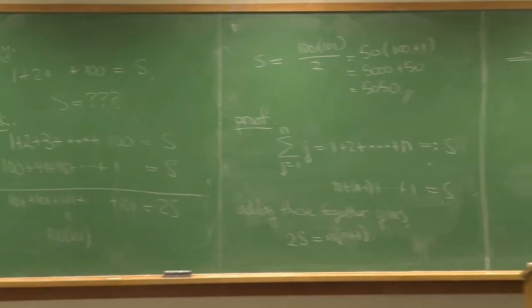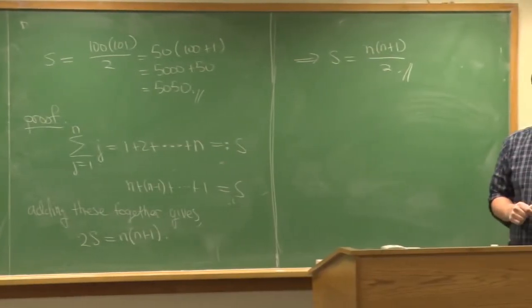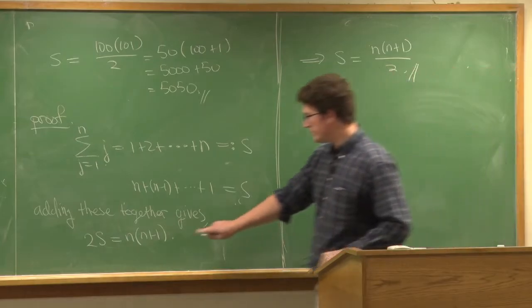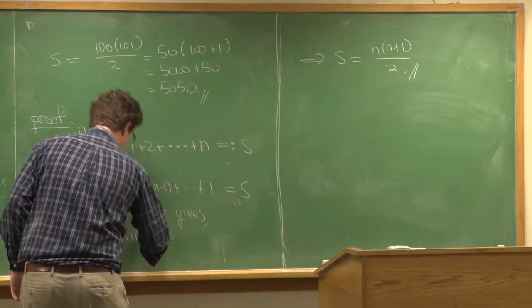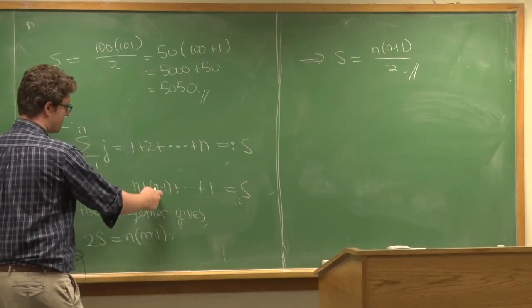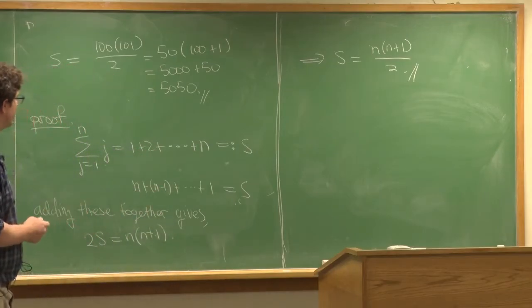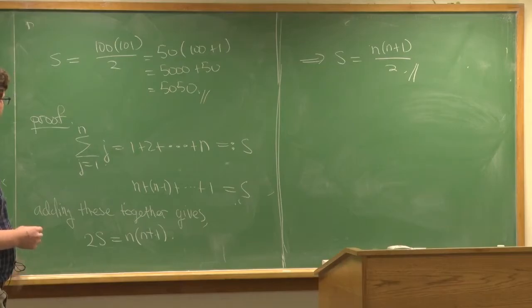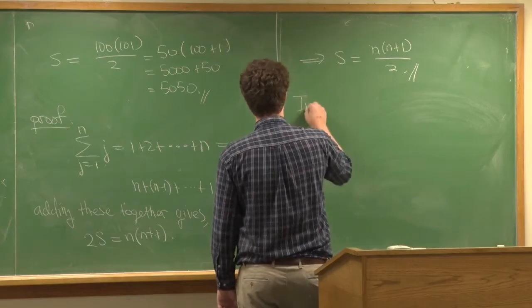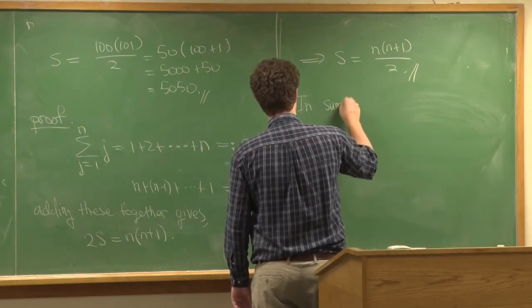Okay, so now you've heard the Gauss story. This is an n plus 1 here. This is an n. This is an n minus 1. So we're doing n minus 1 plus 2. Maybe it's instructive to do this with notation, maybe in summation notation.